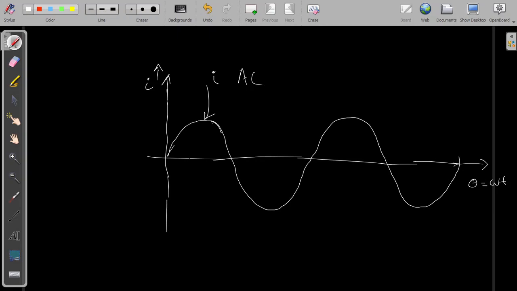So this is 0, and we have the peak value of this alternating current at theta equal to pi by 2, then pi, 3 pi by 2, 2 pi and so on.